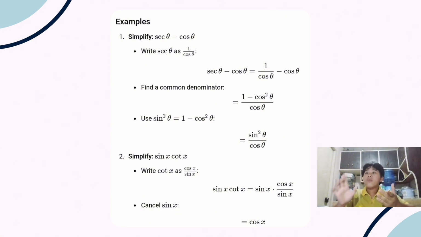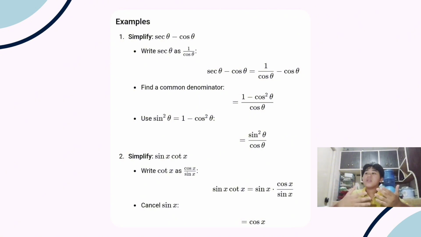So 1 minus cosine squared theta is equal to sine squared theta, from the manipulation of cosine squared plus sine squared theta is equal to 1. So that is why sine squared theta over cosine theta is the answer. But some terms can also be answered as sine times tangent theta.